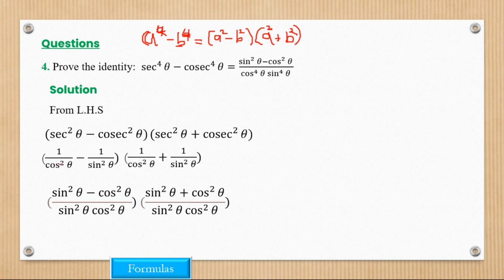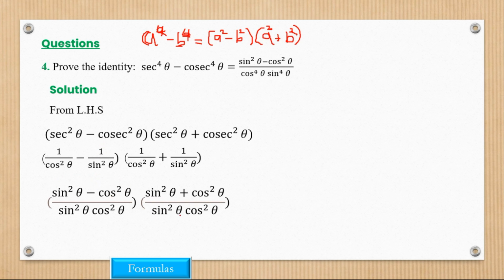The LCM means the product of these two different terms, which is sine squared theta cos squared theta. When you divide this by this, we get sine squared theta, which when multiplied by 1 gives you sine squared theta. Then you divide by sine squared theta, we remain with cos squared theta, which when multiplied by 1 becomes cos squared theta. That's why you have this.